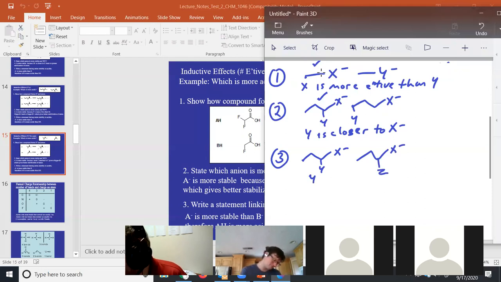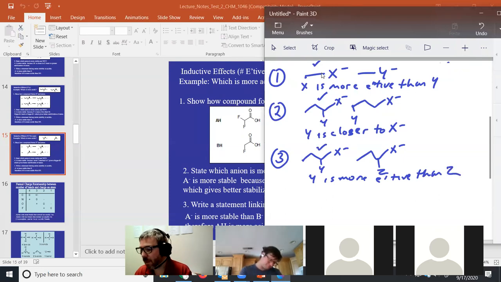So in this case, Y is more electronegative than Z, which would make this one again more stable, the first one with the Y on it.